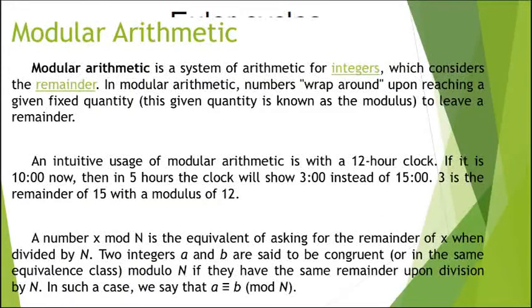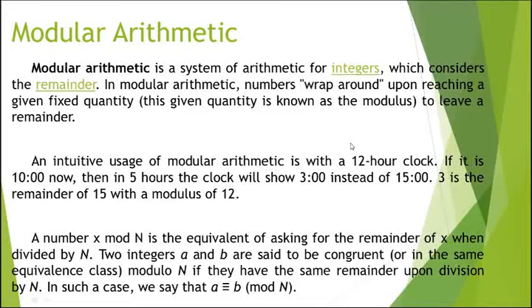So what is modular arithmetic? Modular arithmetic is a system of arithmetic for integers, which considers the remainder. In modular arithmetic, the numbers wrap around upon reaching a given fixed quantity. This given quantity is known as the modulus, to leave a remainder.